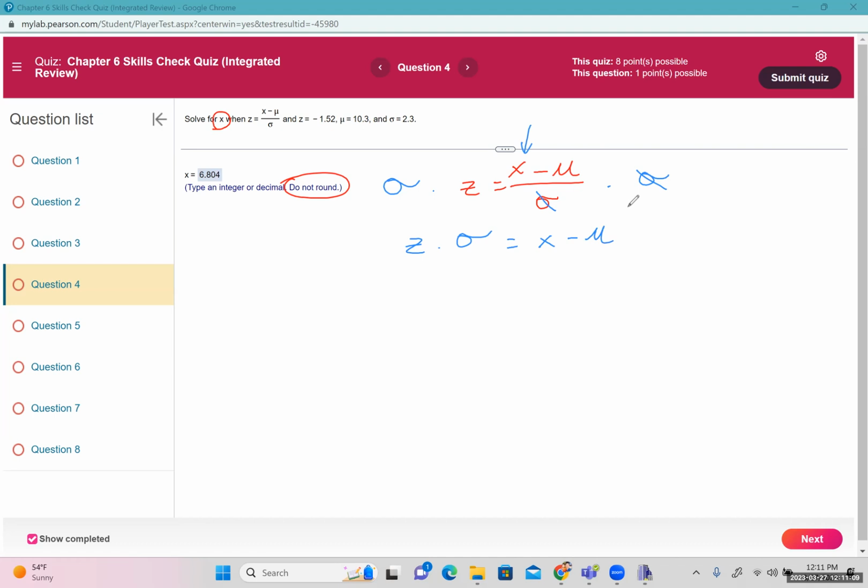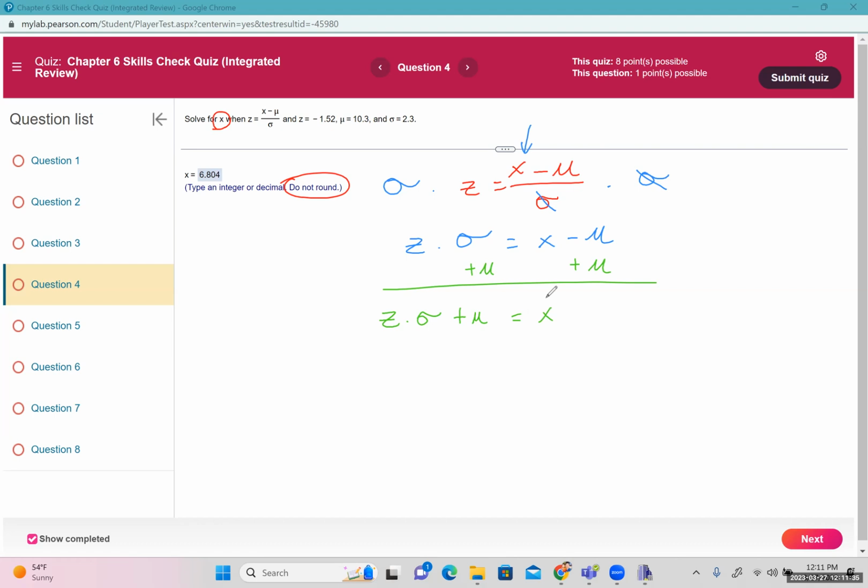Okay, and now I would like to make the mu there go away by adding both sides by the mu. Adding mu. And I get z times standard deviation plus mu will be equal to x. Okay.